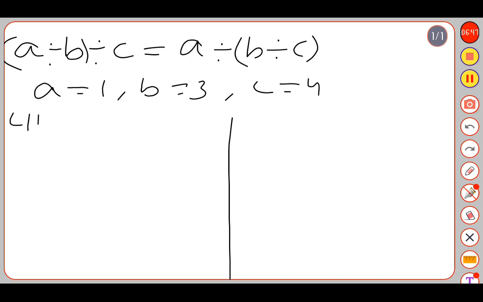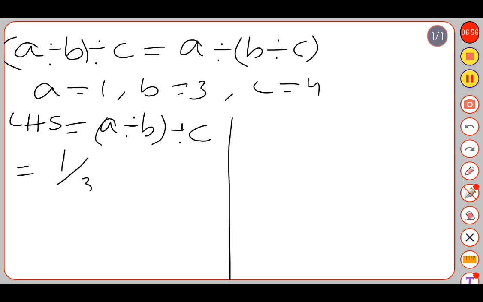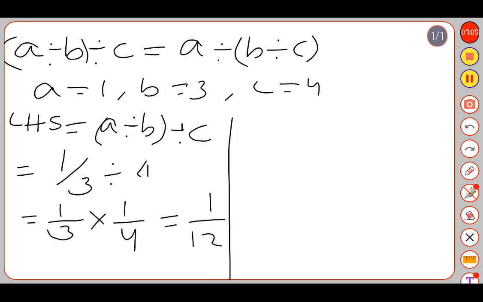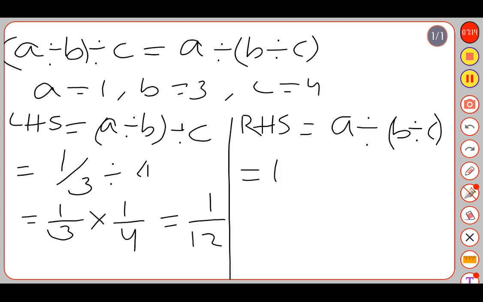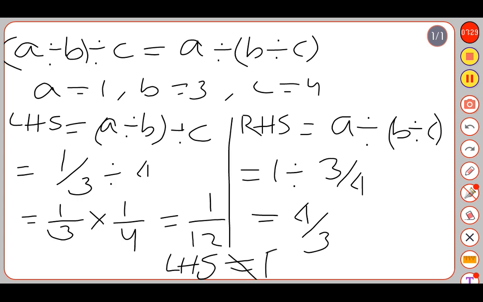Here LHS equals (1 ÷ 3) ÷ 4, that will be 1/3 × 1/4, that will be 1/12. Again here RHS equals 1 ÷ (3 ÷ 4), that will be 4/3. So LHS is not equal to RHS.